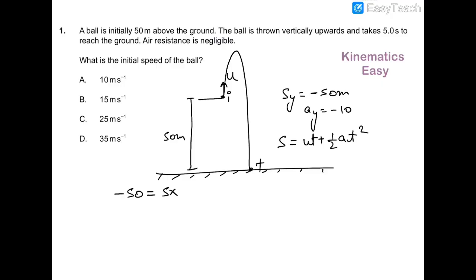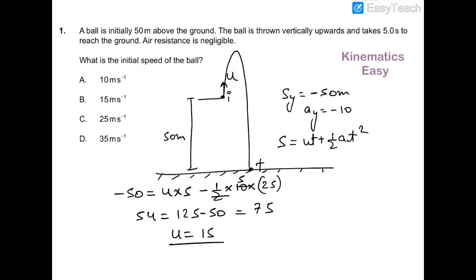Time is 5 seconds, minus half g is 10, and this is 25. So 5u will be equal to 125 minus 50. So it is 75 and u will be equal to 15. So the correct answer of this question will be B.